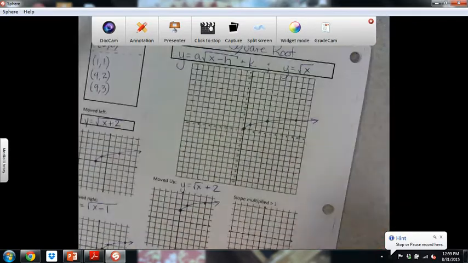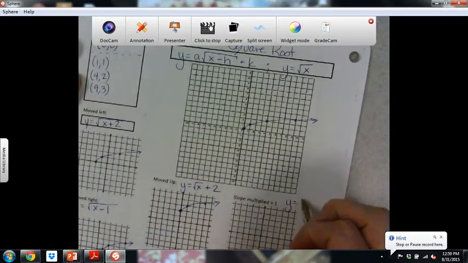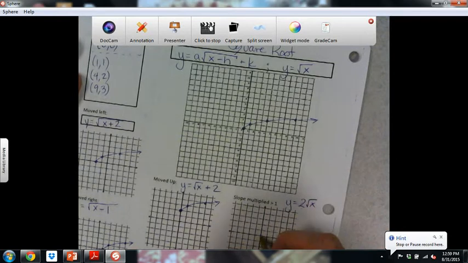So we apply that same idea to square roots. If y equals 2 times the square root of x, my first point is going to stay at 0, 0, but the square root of 1 is 1, times 2 puts me here. So for every one we go out, we go up 2. So before we went out 4 and up 2, so now I'm going to go out 4 and up 4.